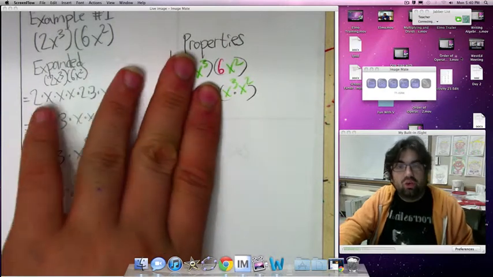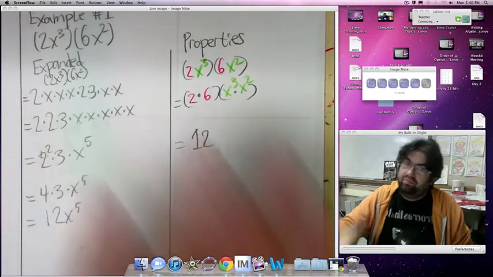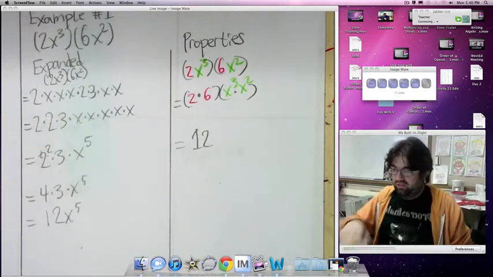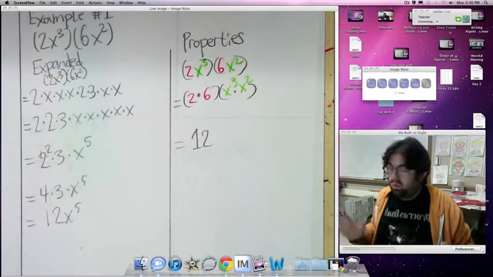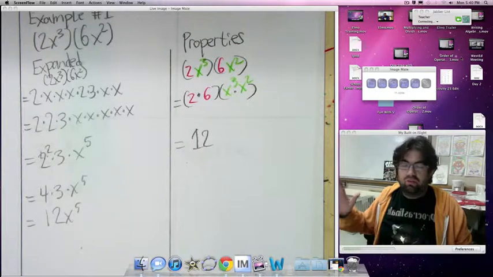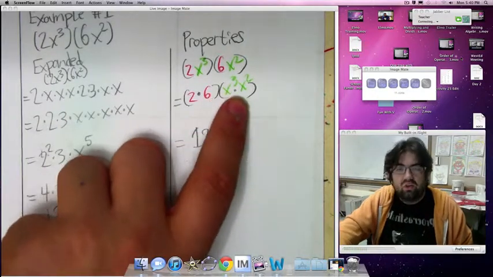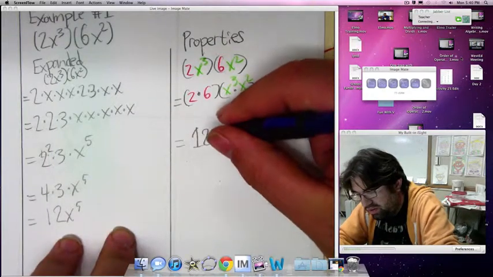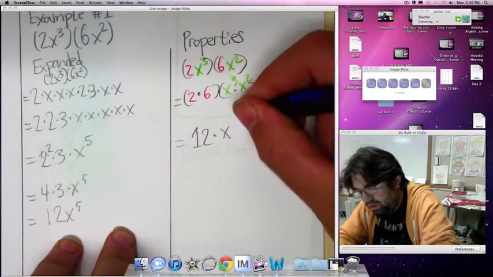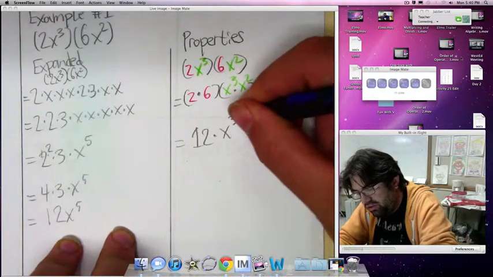What's x to the 3rd times x squared? This was an algebraic property. What property lets me put two bases together that are the same and are variables? That's the product of exponents. We have 3 plus 2.